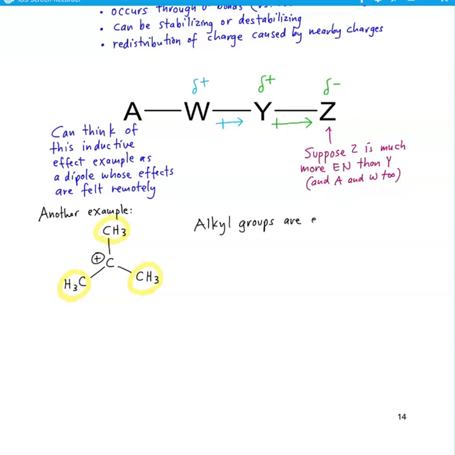we call electron donating or electron releasing. So alkyl groups are electron donating or electron releasing groups. What that means is that they donate or release electron density toward another part of the molecule.